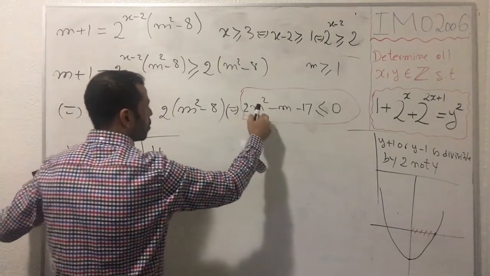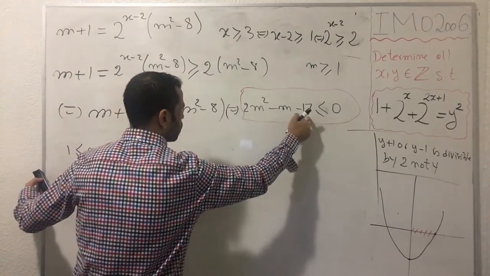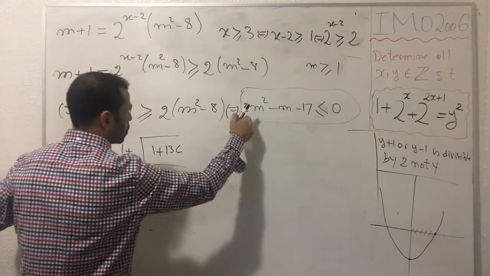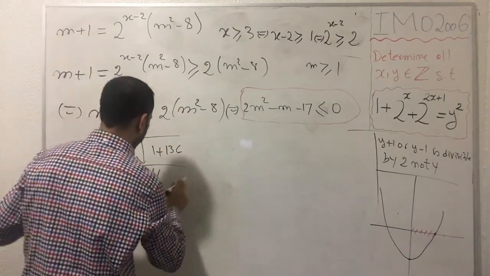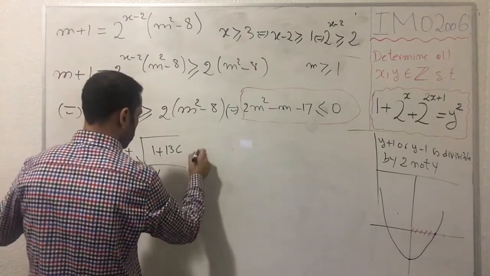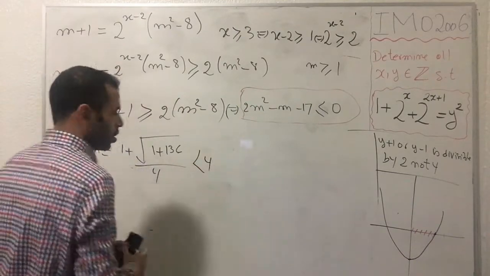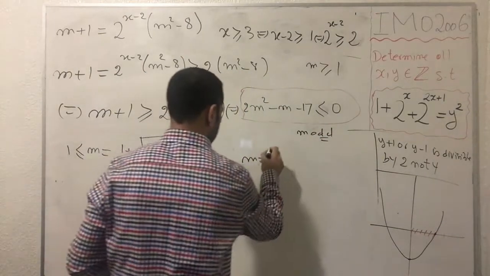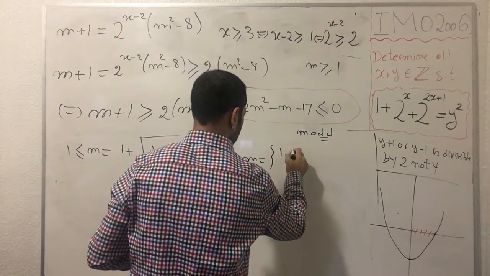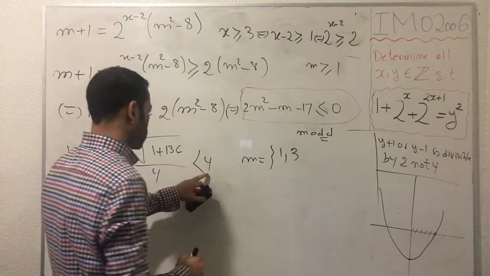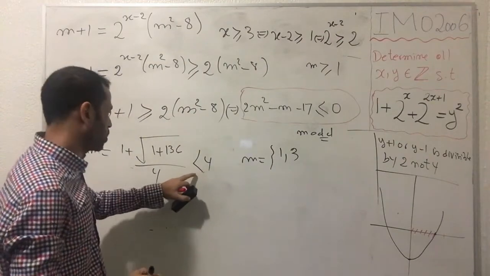That means minus 4 multiplied by 2 and minus 17, which gives 136, over 2a. If you evaluate this quickly, you will see it is less than 4. M is odd, as proved. That means m will be taking 1 or 3, because it's odd. It's not going to take 4 because it's less than 4.